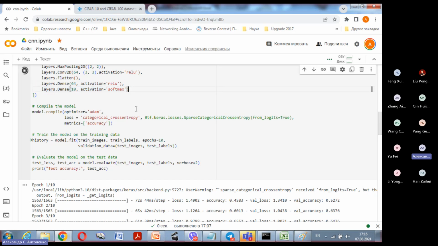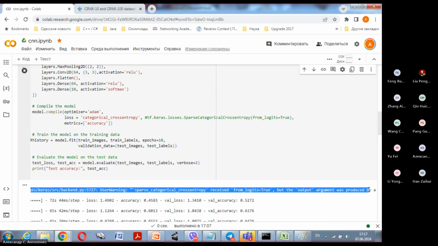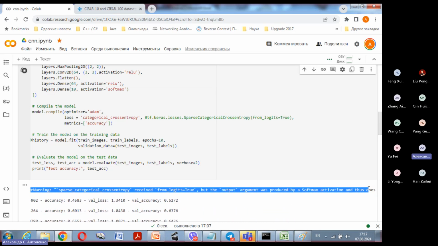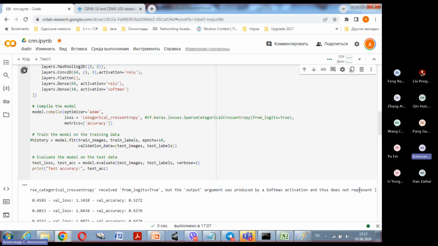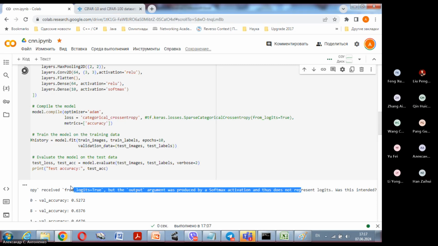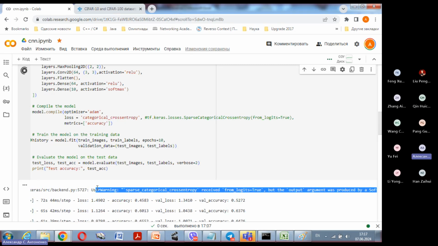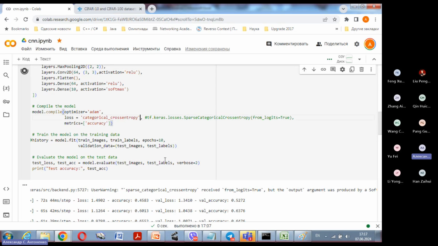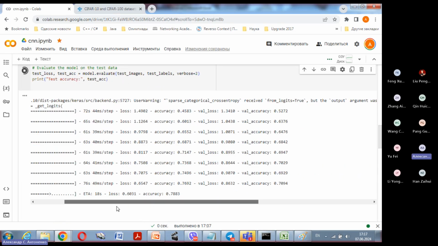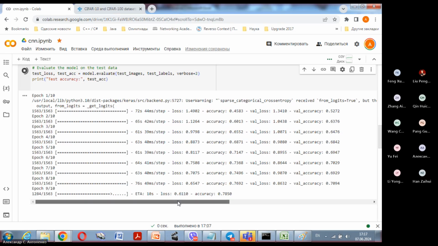But if activation is softmax, it says that something is not very good, since softmax does not represent logits. But we will see how it works on these non-optimal results.